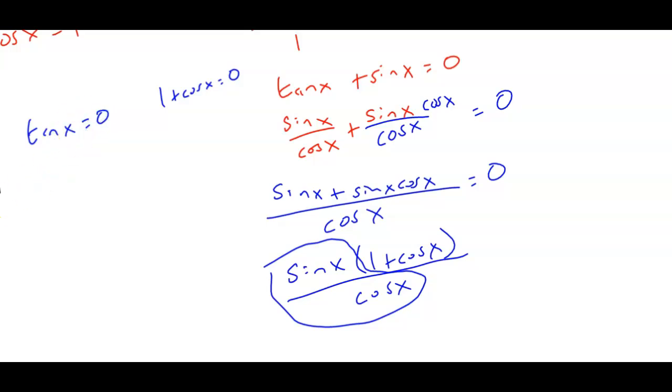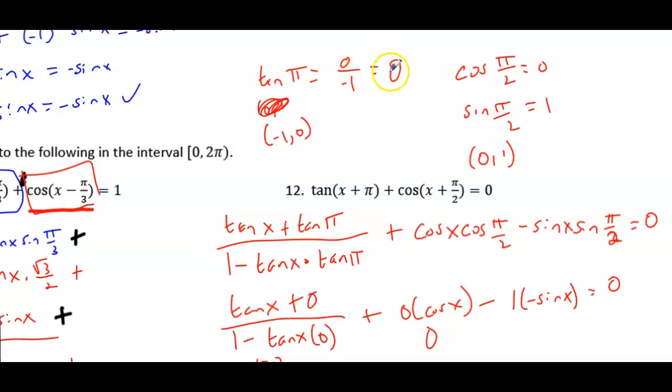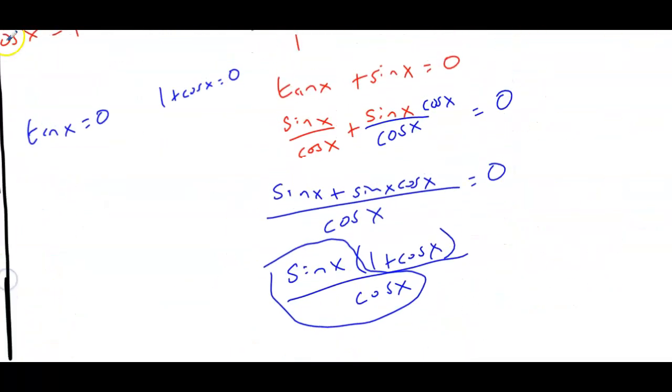So where does tangent x equal 0? Well, we just discovered that: pi. But not only pi, 0 pi as well, because 0 has a unit circle point of 1, 0, so sine over cosine is also 0.